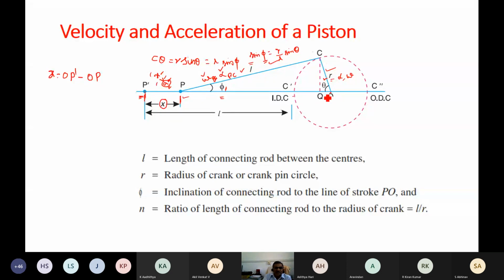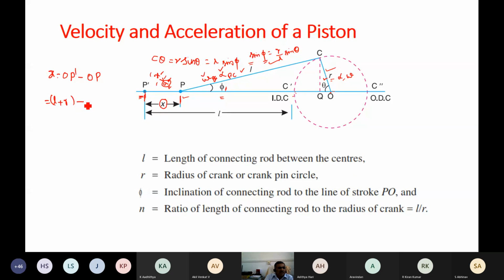Then you can write OP dash as OC plus CP dash. OC is equal to R, and CP dash is equal to L. Because when theta is equal to 0, OP dash is equal to L plus R.